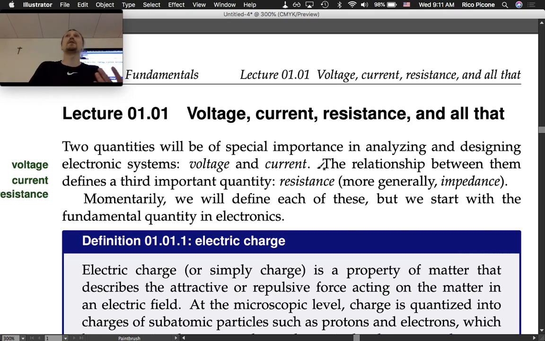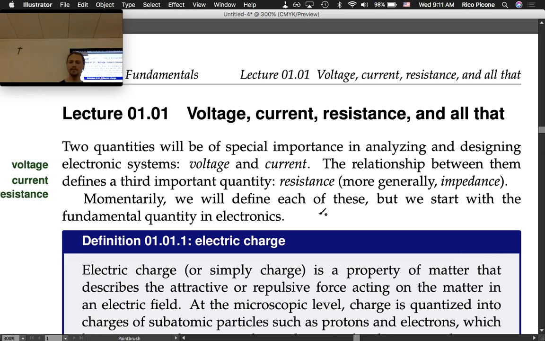Of course, there are also other quantities that we'll discuss, charge and whatnot, but those tend to be less useful when you think of the system, the circuit as a whole. The relationship between voltage and current defines a third important quantity called resistance, or more generally, impedance.